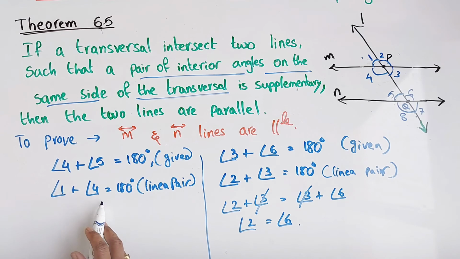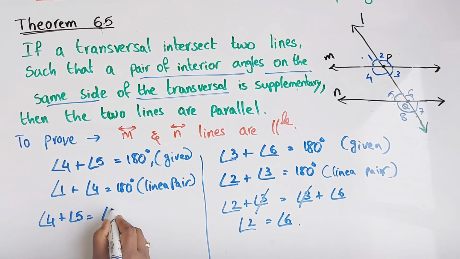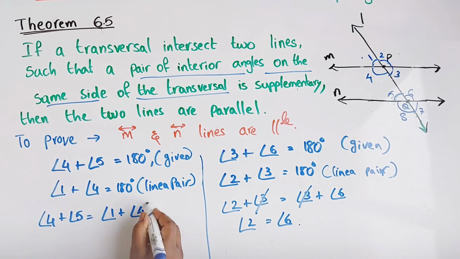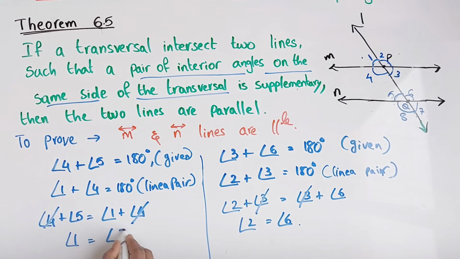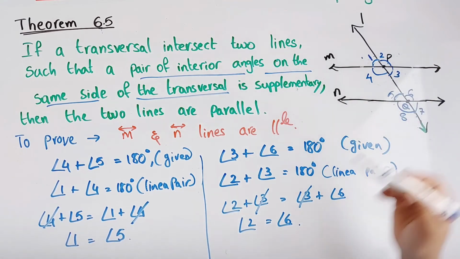Angle 1 plus angle 4 equal to 180. Both are equal, so I can make these two equal. That means angle 4 plus angle 5 equal to angle 1 plus angle 4. Angle 4 will get cancelled. Now angle 1 equal to angle 5. See here, angle 1 equal to angle 5.